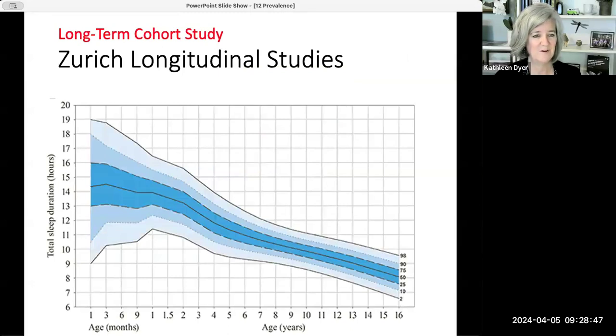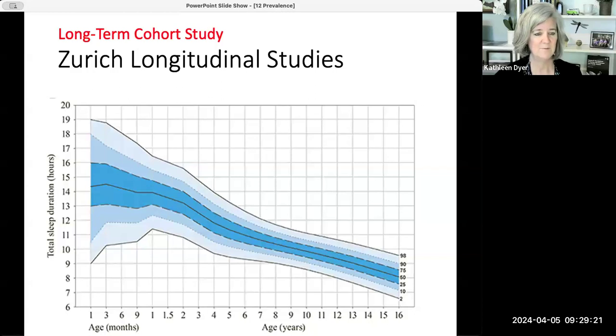Another example from some research from Zurich. This is a longitudinal study measuring how much sleep, how many hours of sleep children get in a 24-hour period. And on the left-hand side, you can see we're talking about 1-month-old babies. They sleep on average, go to the middle of the blue bar, and you'll see they sleep on average 14 hours and something. 14 hours and a half, or 14 hours and 15 minutes, something like that.